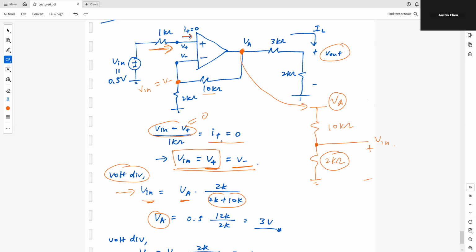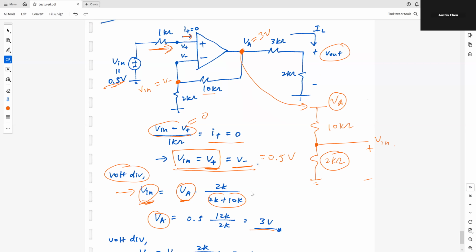This is from your voltage division. Now you can just go back and solve for VA. Because V in is given to you as 0.5 volt, you can solve for VA numerically. VA turns out to be 3 volt.